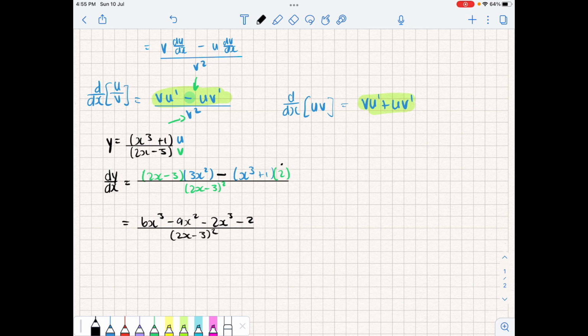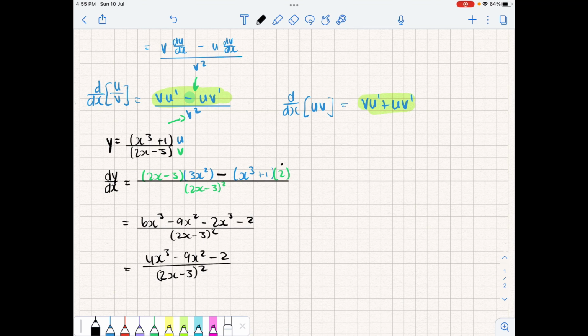So we can collect like terms, and we'll get 4x cubed minus 9x squared minus 2 all over 2x minus 3 all squared. And we could continue by trying to factorize that, but we're not going to.